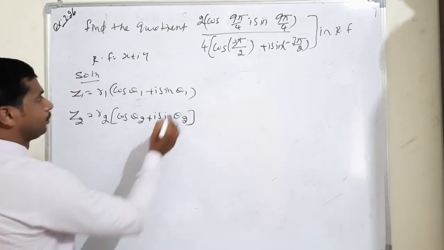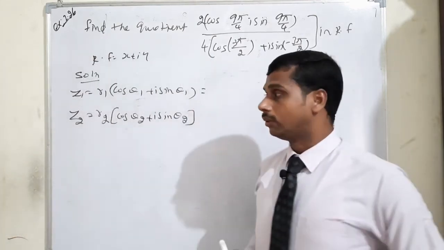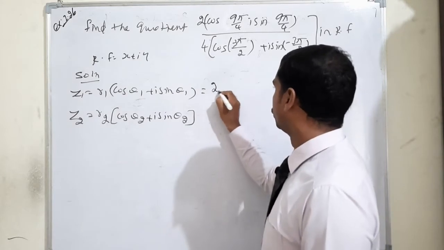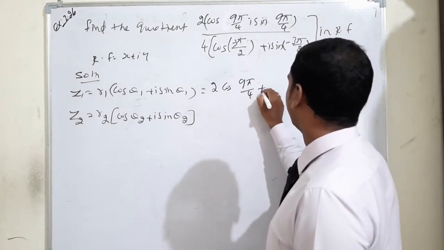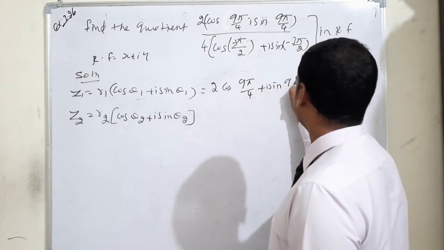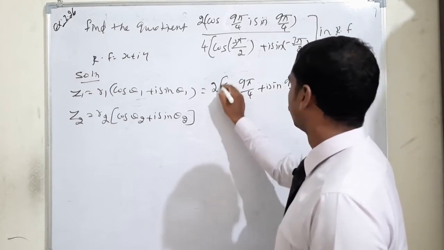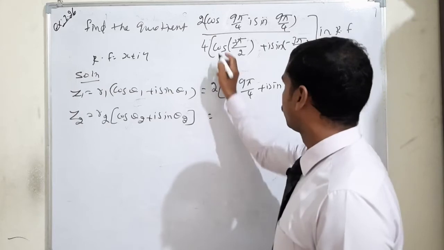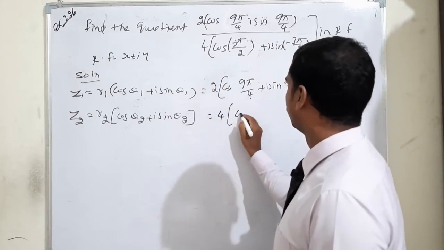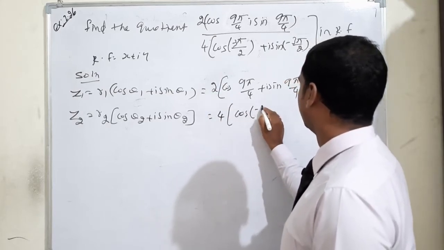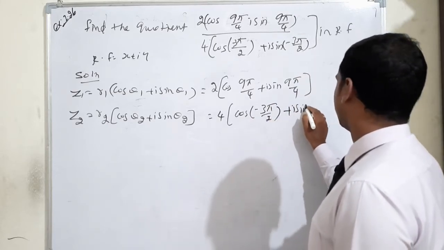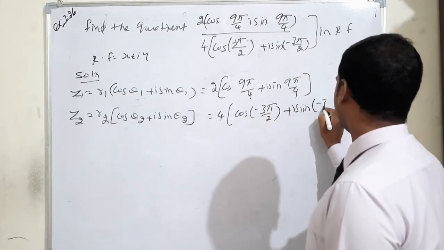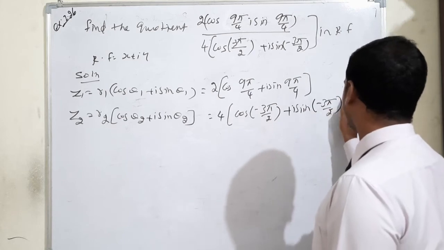So now r1 is equal to 2, isn't it? So 2 of cos 9 pi by 4 plus i sin 9 pi by 4. Then r2 means 4 into cos of minus 3 pi by 2 plus i sin of minus 3 pi by 2.